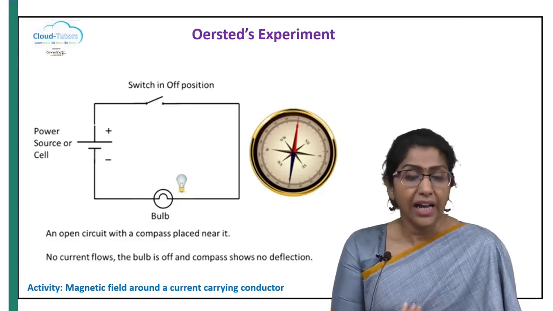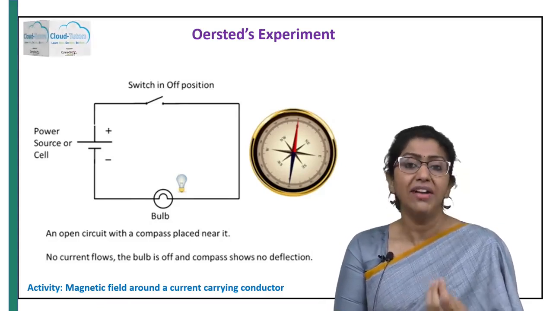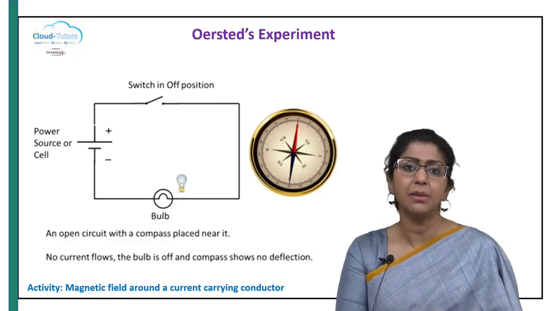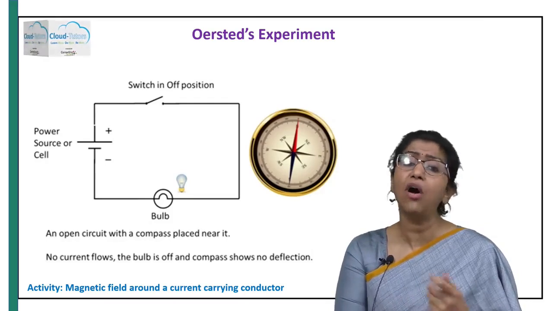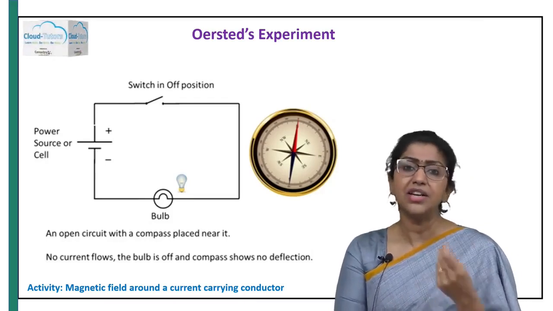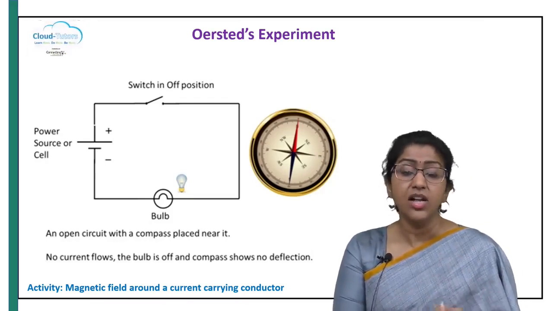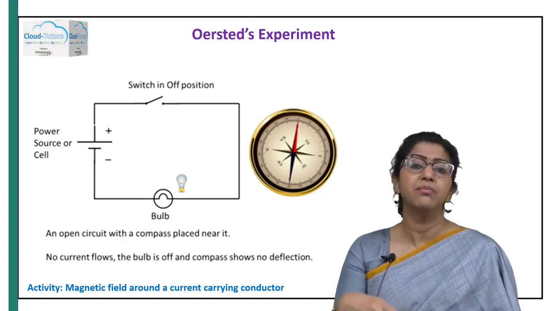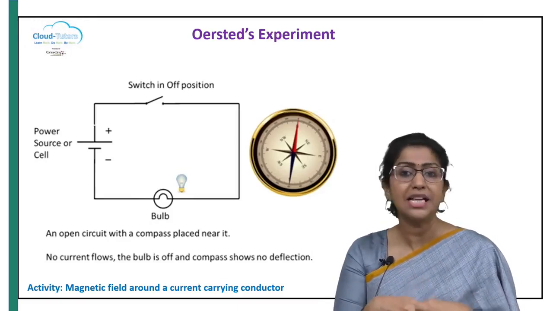But he noticed this when he was conducting an experiment using a simple circuit with copper wire, which is definitely not magnetic in nature. So why is this compass needle deflecting when it was kept beside this circuit?